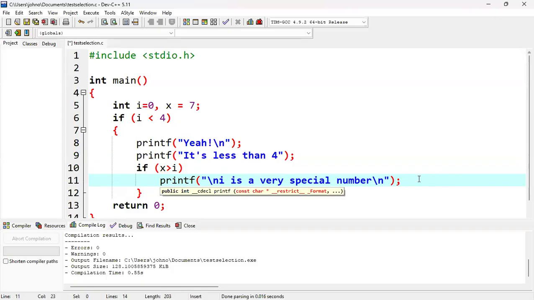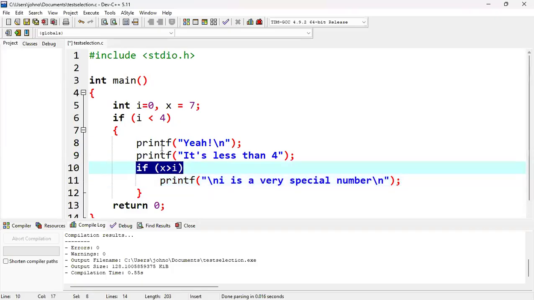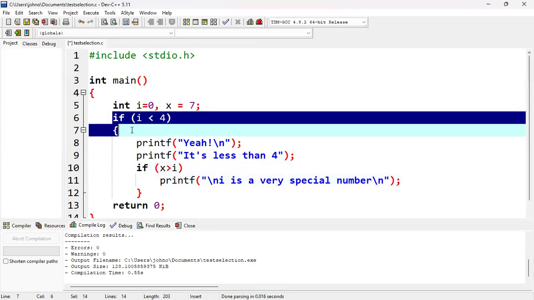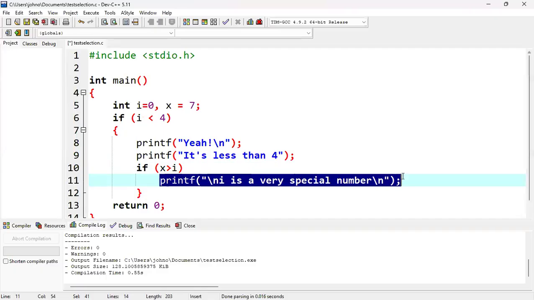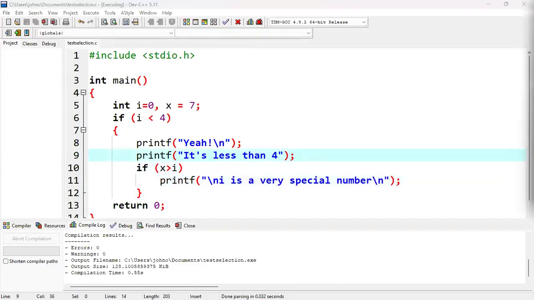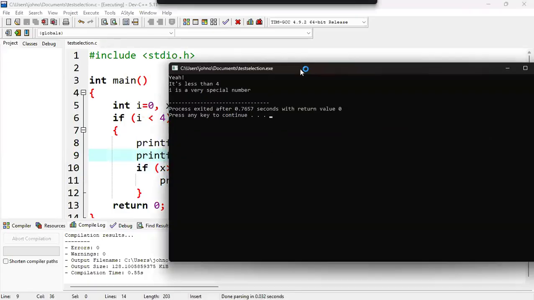Okay, so this is just one line. Observe this if statement belongs to this if. It is inside of this if. This if statement expects also one statement, and I have given it one statement. Okay, let's go. What do we have?